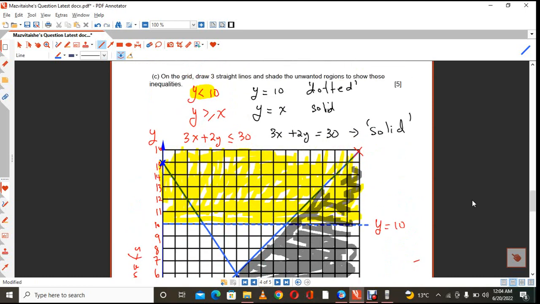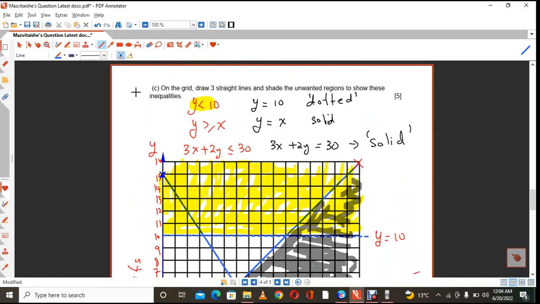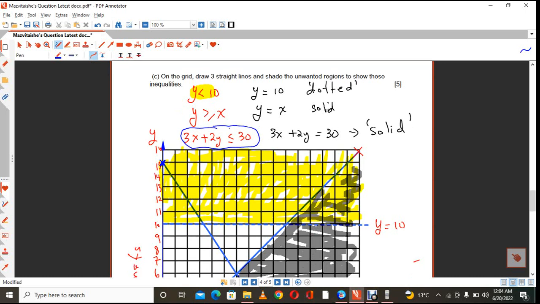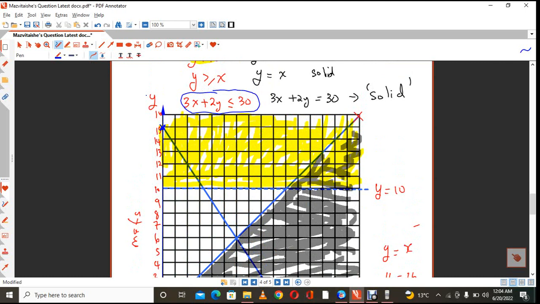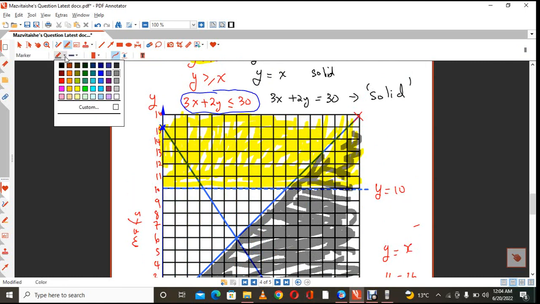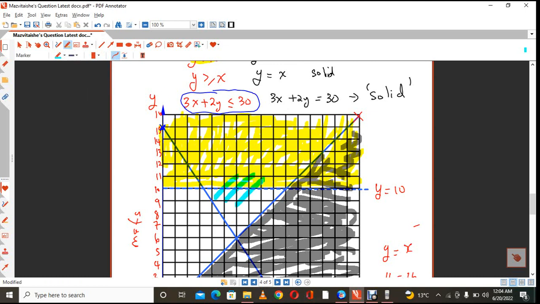So what about that line? The inequality was 3x plus 2y is less than 30. The truth is below the line, so you're going to shade the unwanted region, which is above the line. So the unwanted region that we are going to shade is above that line, here.